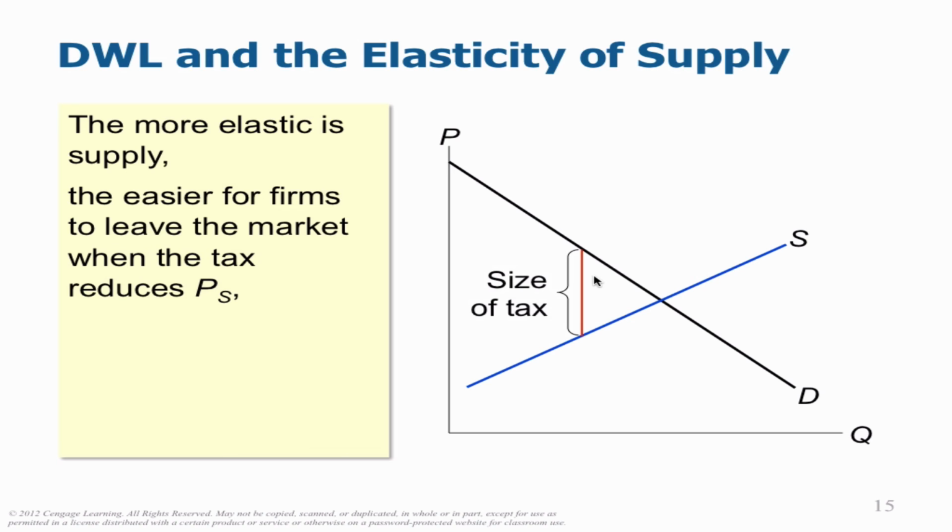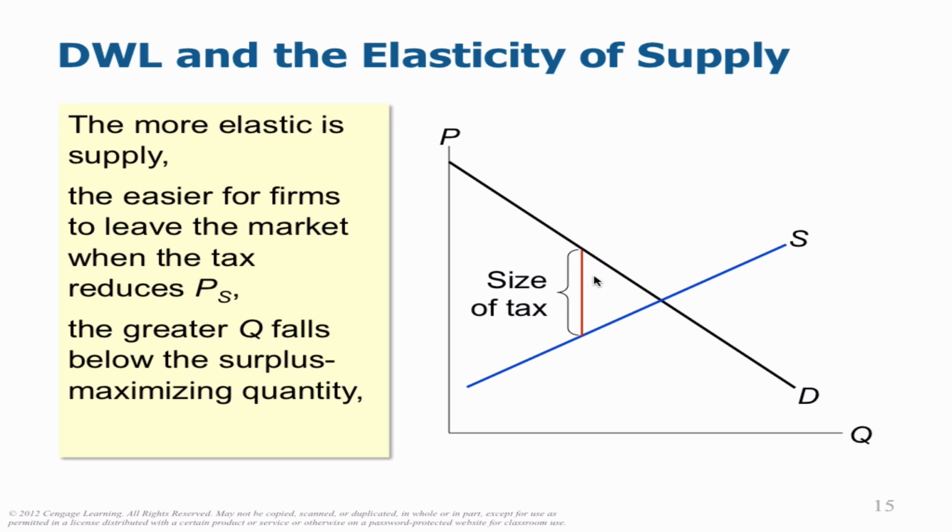And so the deadweight loss is significantly larger. So the more inelastic, the smaller the deadweight loss. The more elastic, the greater the deadweight loss. And trade always makes everyone better off.